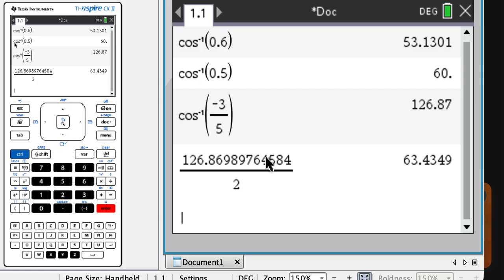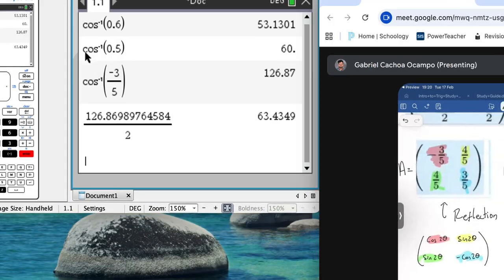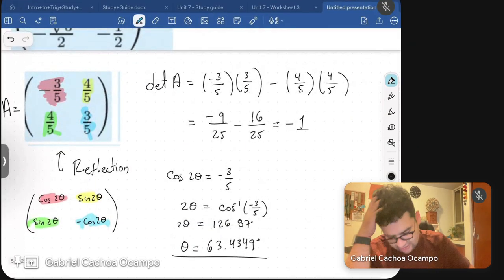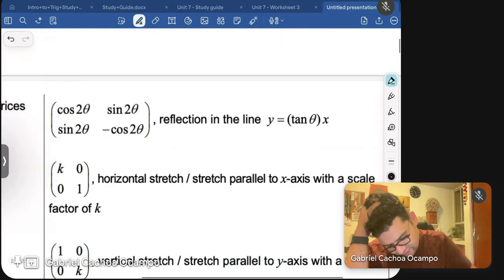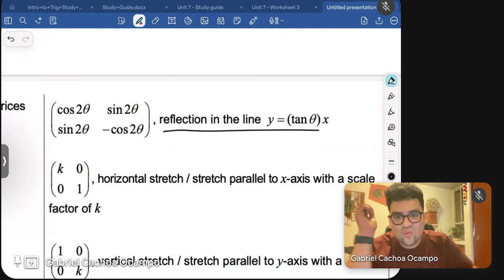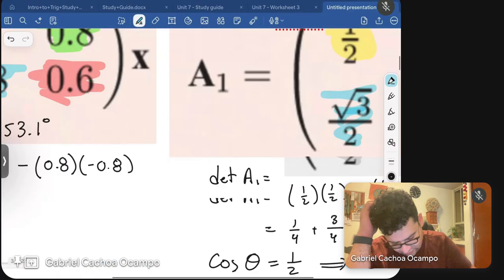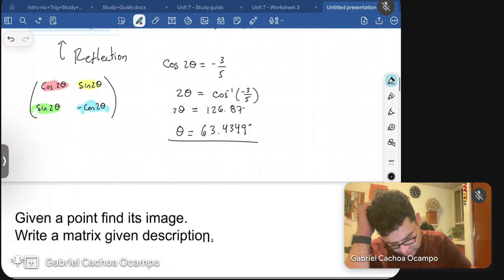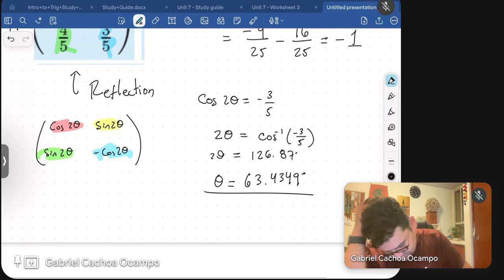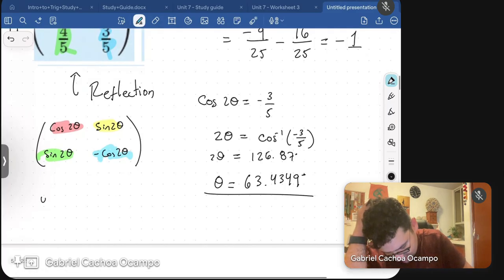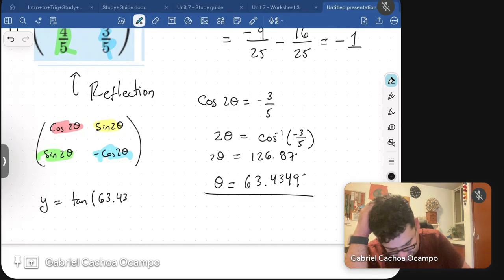Okay, but look at the formula. The formula here in the booklet says that it is reflecting over the line y equals tangent of theta x. So it is a reflection by the line y equals tangent of 63.4349 x.